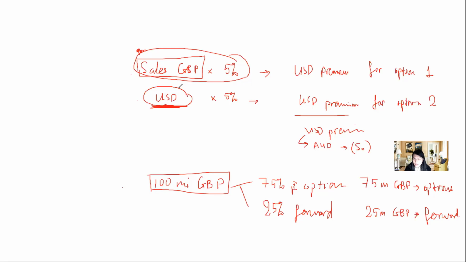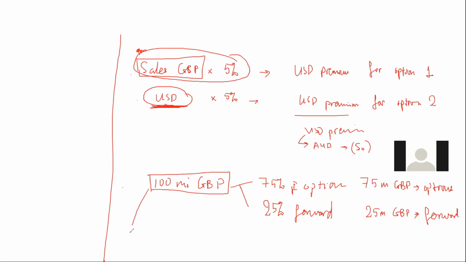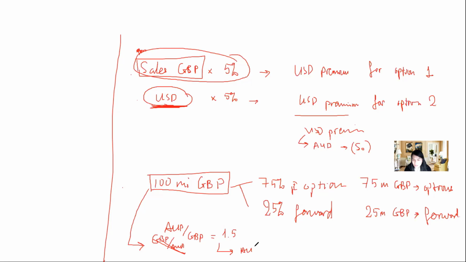So for example, going back to here, if this is how much I want to hedge, and let's say the exchange rate that I convert the GBP into the AUD, let me write the other way so it's easier, let's say it is 1.5, okay? So the gross AUD proceeds from the option hedge is going to be 1.5 times 100 million.